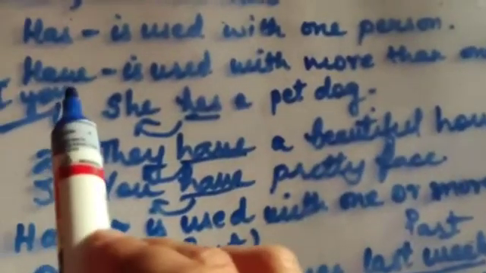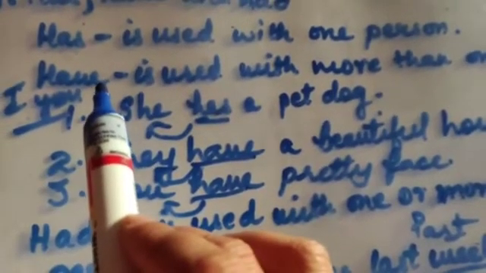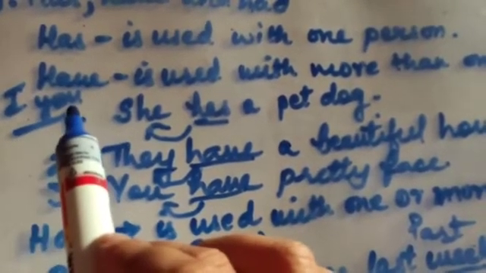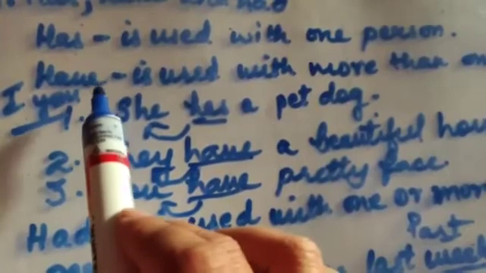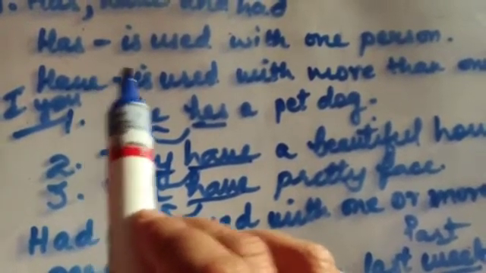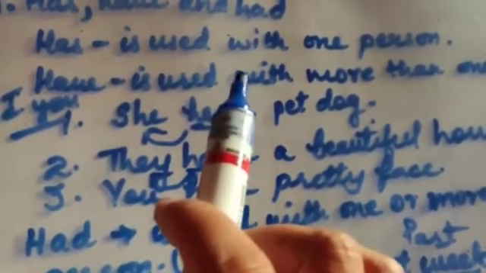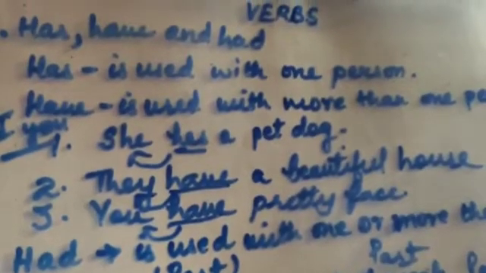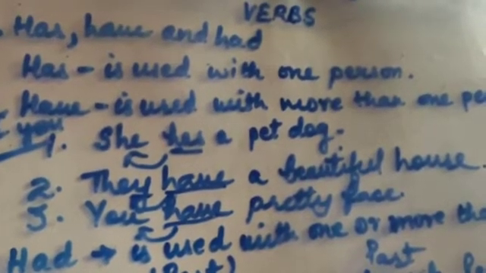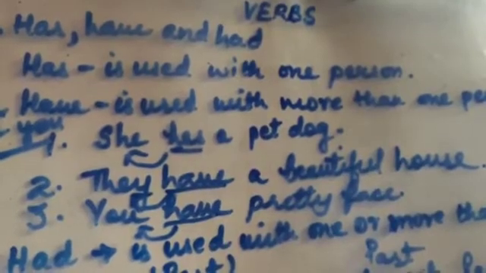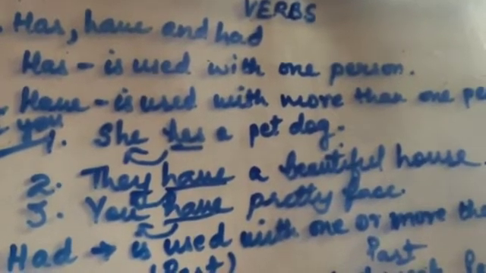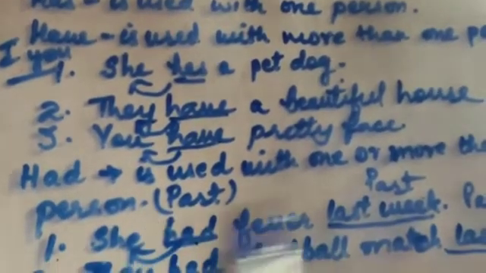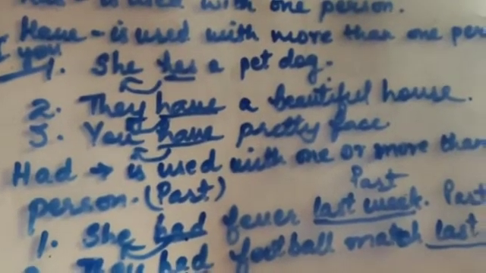Whereas with have, I and you can only be used with have. Okay, and have is used with more than one person or animal. Okay, and has is used with only one person. And has and have show that it talks about something that is taking place in the present, and had tells us that something has taken place in the past.